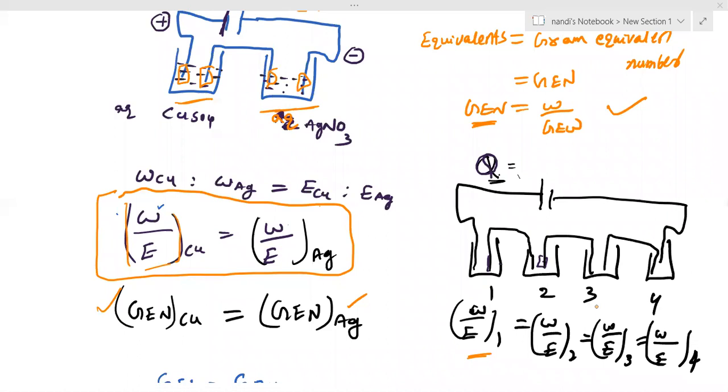Okay, please note down. Ultimately, if you are sending the same amount of electricity, the substance deposited at the electrodes is in terms of equivalents. That's the only one line to get, sir.